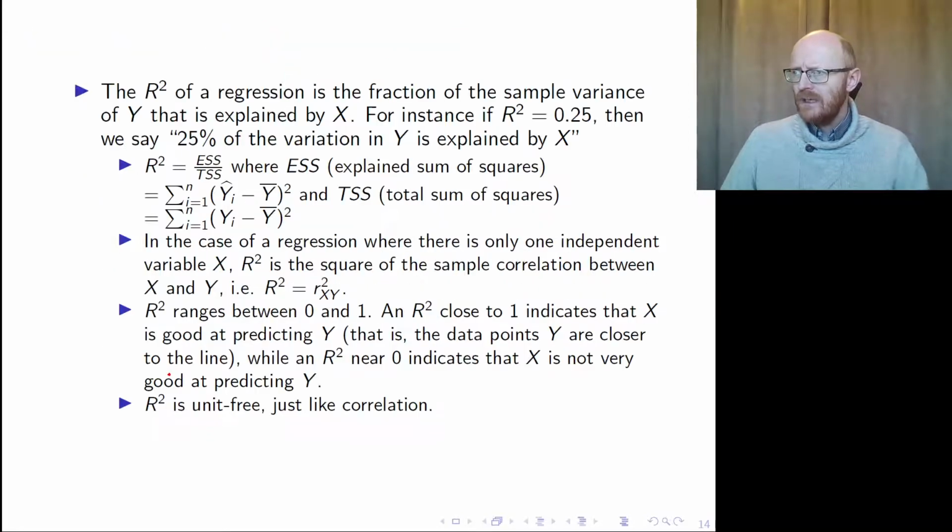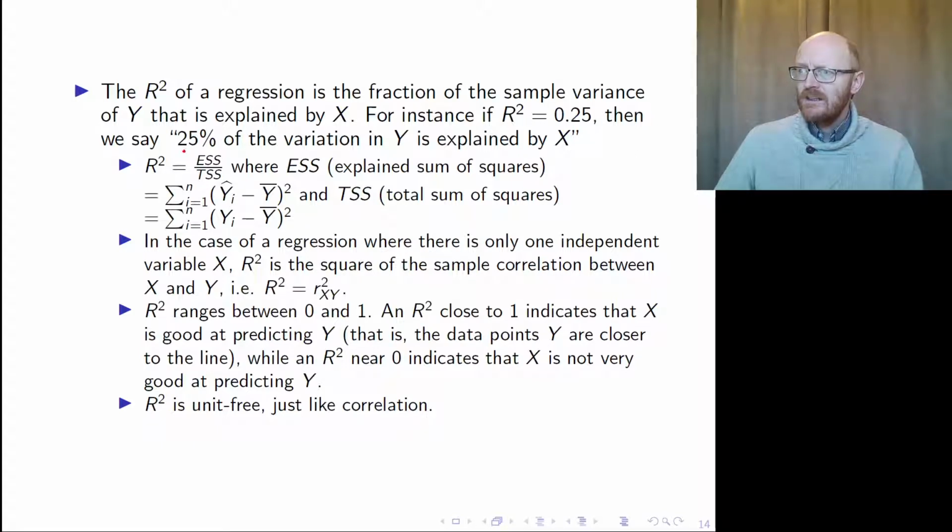So if we look at the R-squared, it's the fraction of the sample variance of y which is explained by x in your model. For example, if the R-squared is 0.25, then we often say this in percentages.